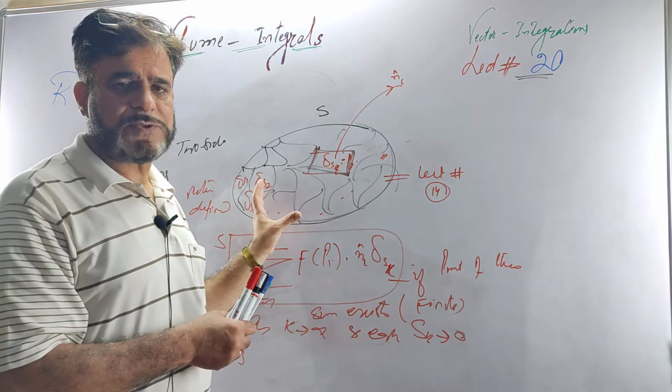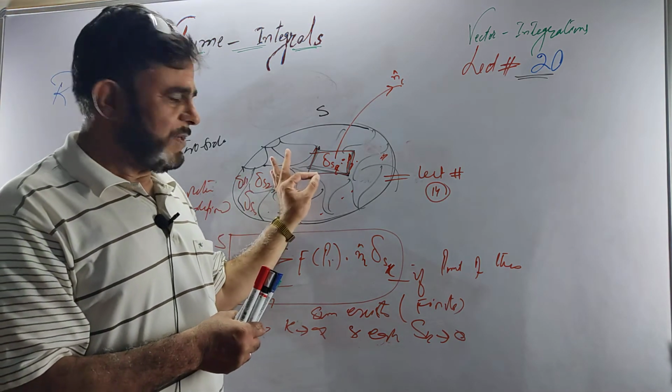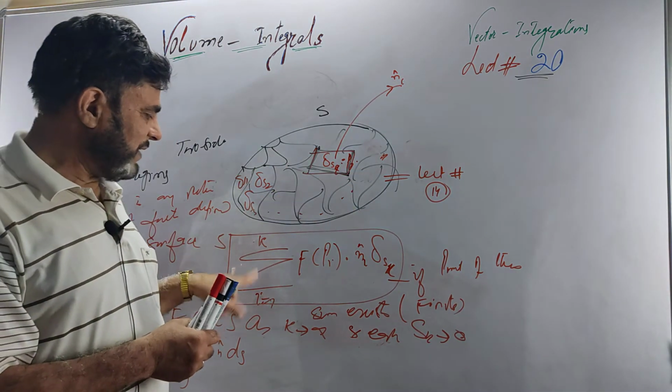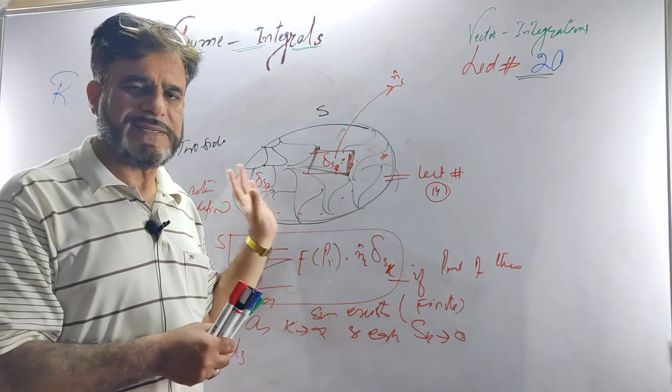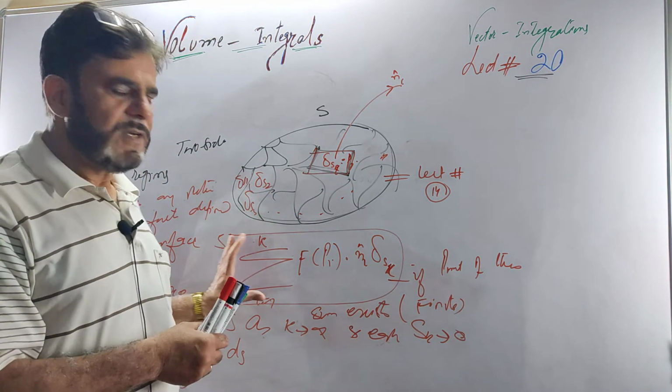When k tends to infinity, each area tends to 0, and if the limit of this exists, we say it is a surface integral.